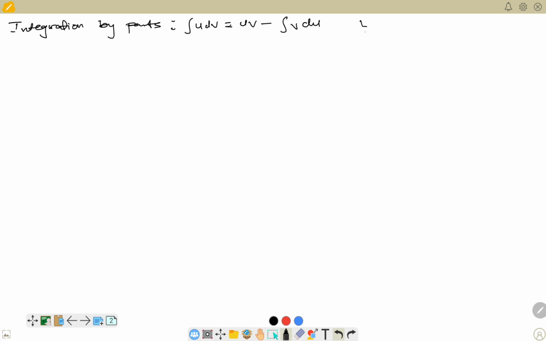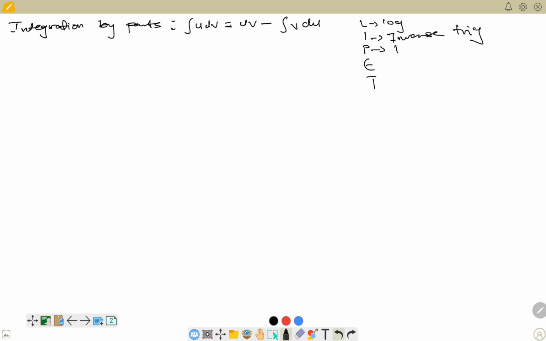So I will write it going downwards. LIPET. The reason why I wanted to do this is that L represents a logarithm function. Then I represents inverse trig. So it's not just any inverse, it's inverse trigonometry.